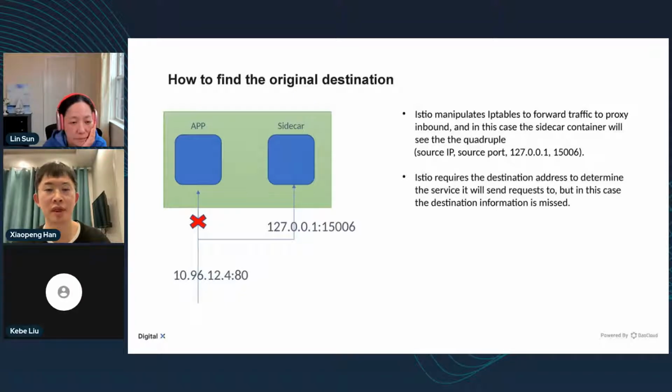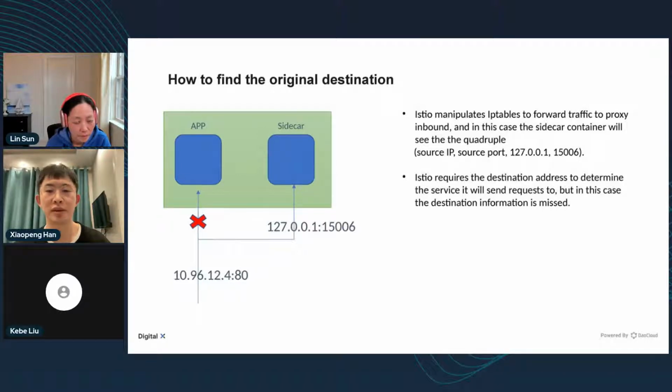In the eBPF scenario, the source and destination information are stored in the sock hash map, and the sidecar will see the source IP address, source port, and the inbound address, which will be the loopback address and the inbound port, I think 15006.